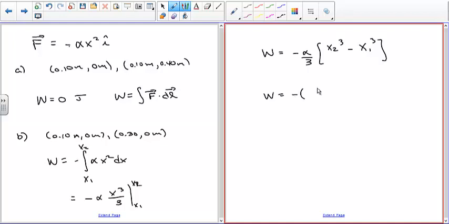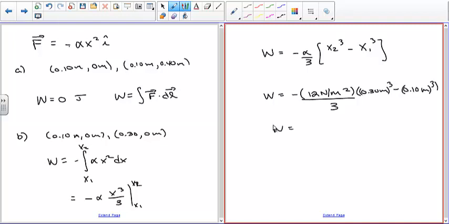So we can go ahead and plug alpha in now, which is 12 newtons per meter squared, divided by 3. That comes from the integration part here. x2 is 0.30 meters, and we cube that, and we subtract x1, which is 0.1 meters, cubed.